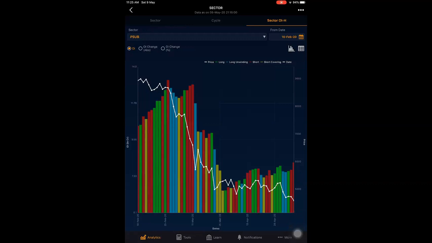Okay, so now if you look at one thing, what comes to our mind is that from March till date, the open interest in that sector has reduced. In March, on 9th March, we had OI which was nearly 12 CR, and today we have an OI which is around 7.6 CR.